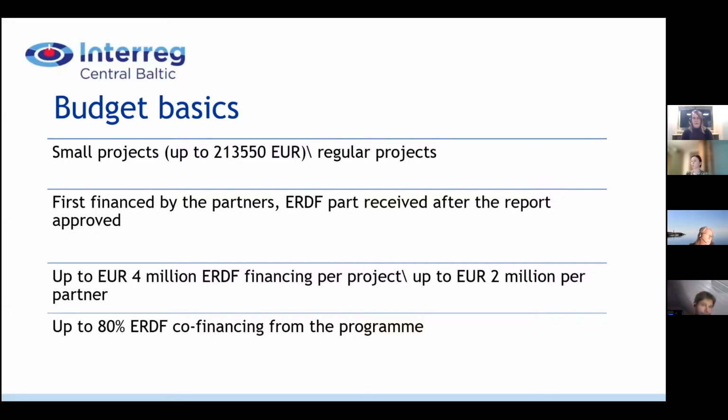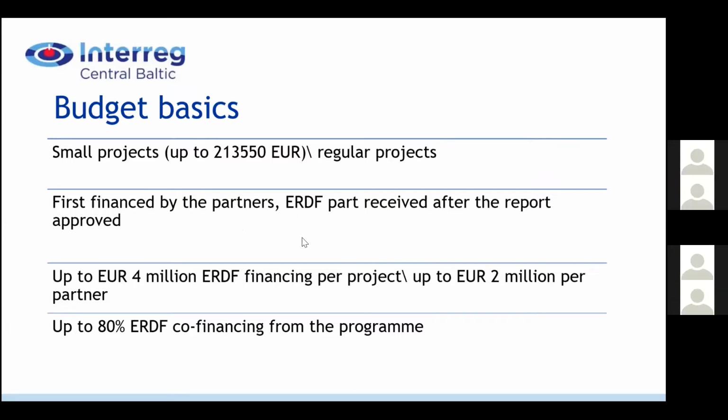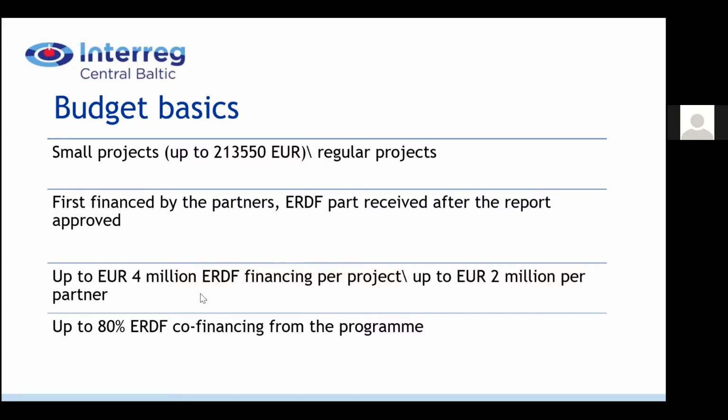And that will take quite a long time after that. And it's very important that projects have enough financial liquidity to pre-finance and wait for the ERDF part to be repaid.